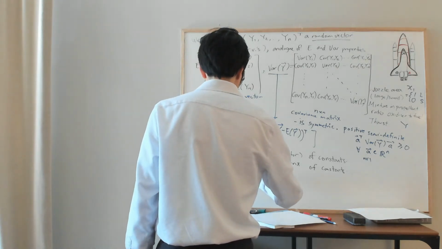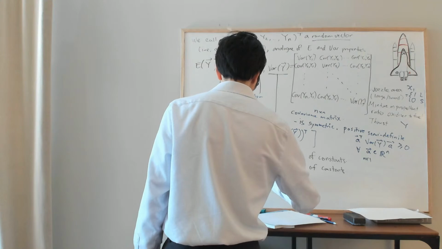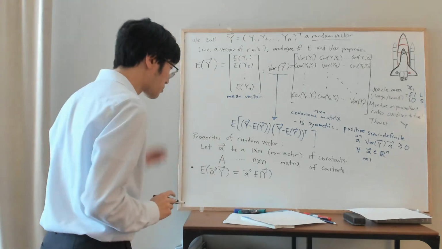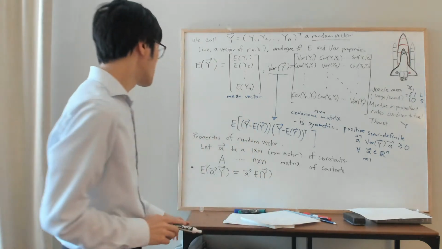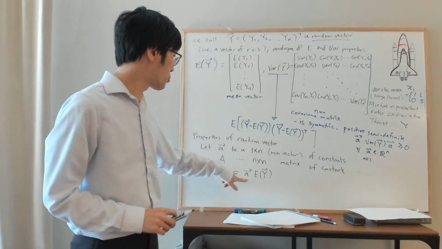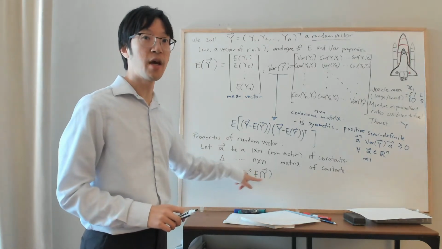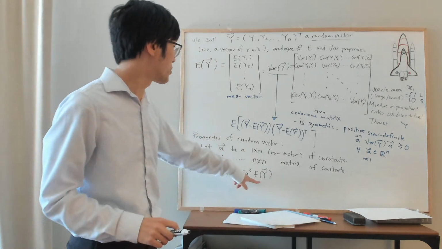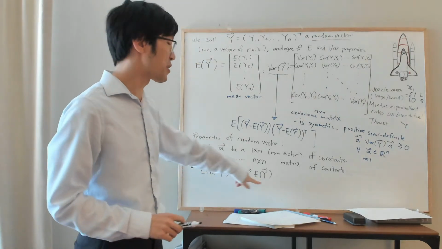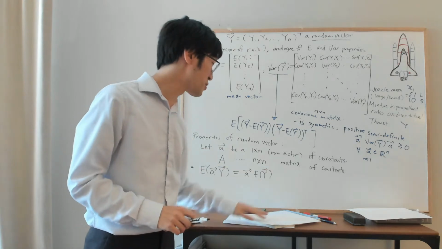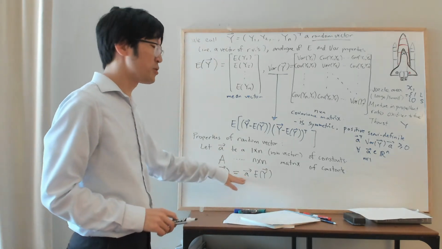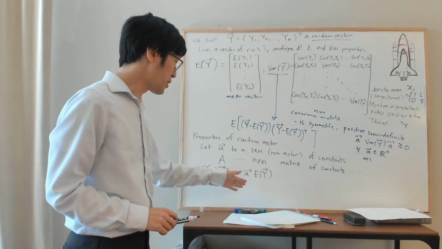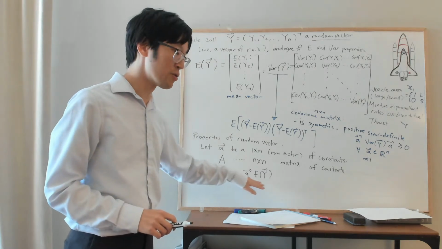So we get vector A times the mean vector of Y. Notice that this is a scalar. Why? Because vector A is 1 by n and the mean vector of Y is n by 1, so this is just 1 by 1, a number. But in the sense that we can pull out the constant, it applies here as well.